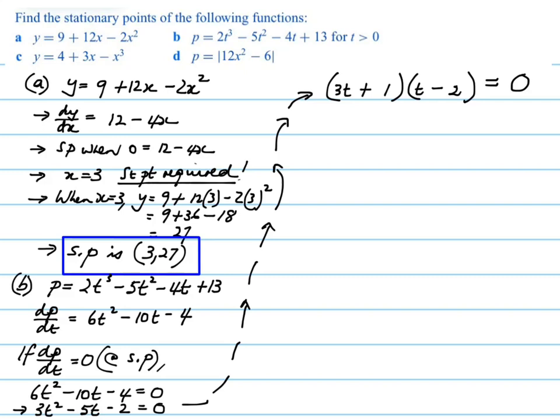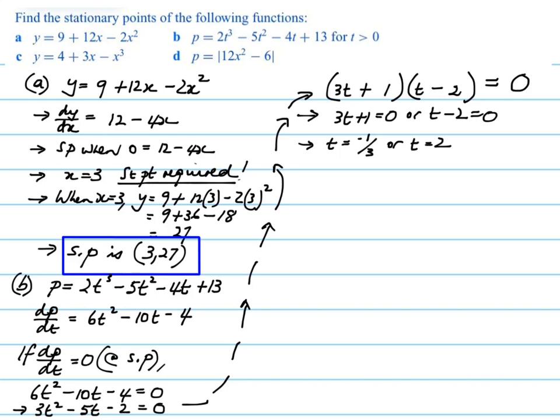Yeah, good, I'm right. So therefore, from the null factor law, I can say that that's the case, or that's the case, can't I? Therefore, t would be minus a third. I can spot a rejection coming a mile off here. So t would be minus a third, or t would be plus 2.